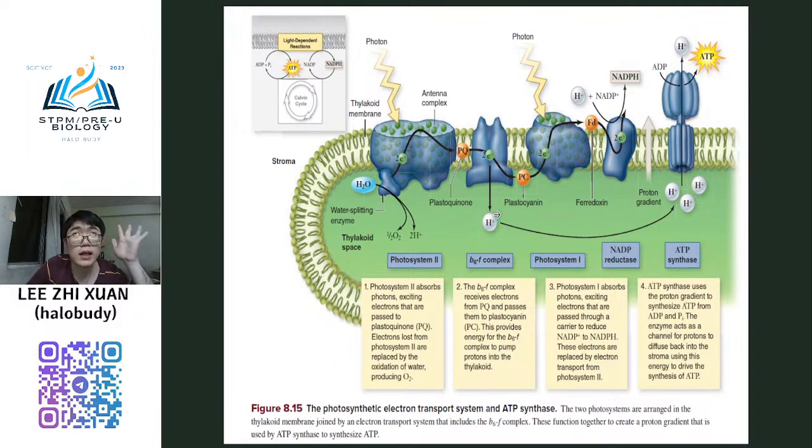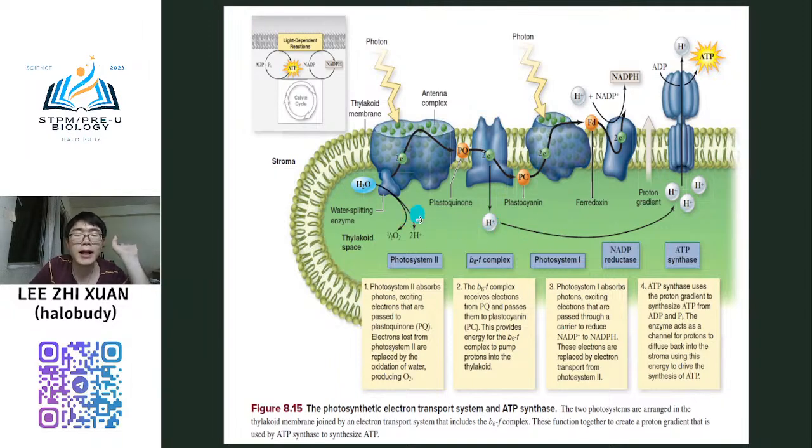If you want to imagine it like the oxidative phosphorylation in the mitochondria, this membrane is the inner membrane, and then inside is the intermembrane space, and outside is the matrix.